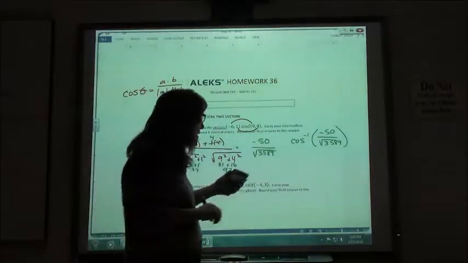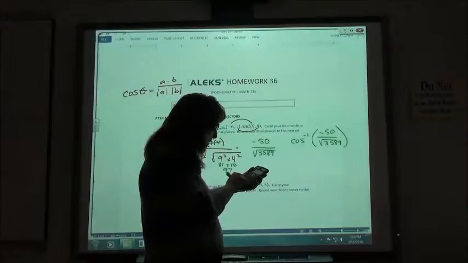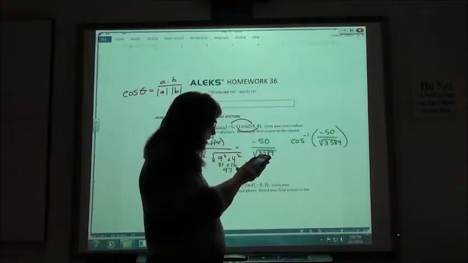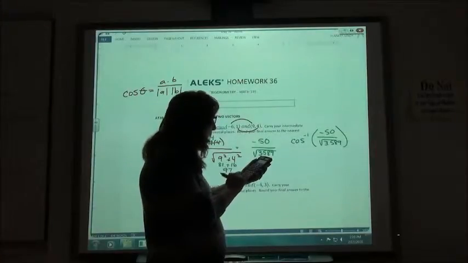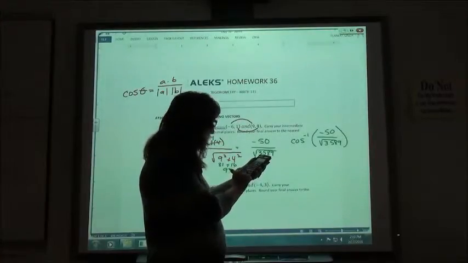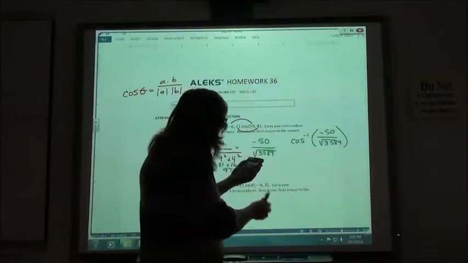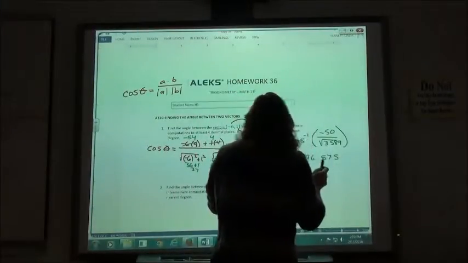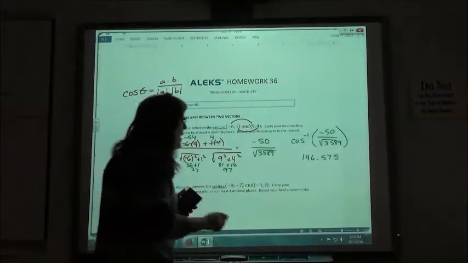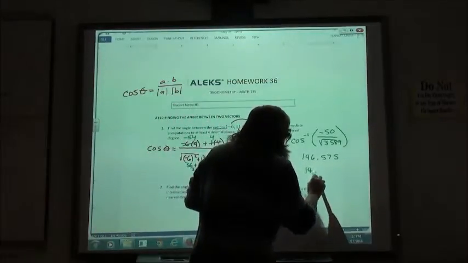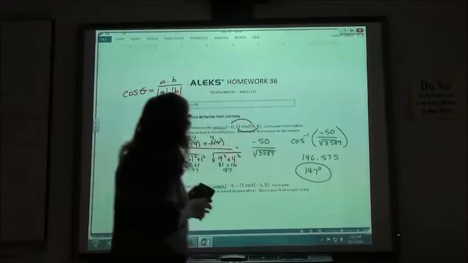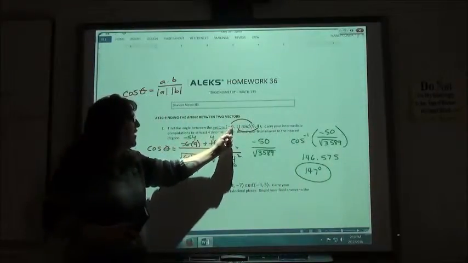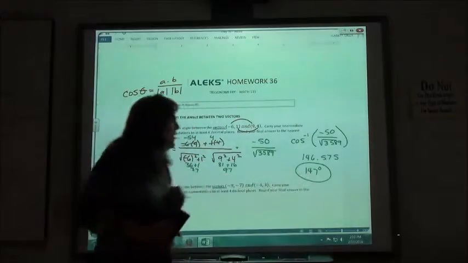So, shift cosine, inverse cosine of, in parentheses, negative 50 divided by the square root of 3,589. Close my parentheses, hit equals. I get 146.575. I'm rounding to the nearest degree, so I would round that off to 147 degrees. So the angle between this vector and this vector would be 147 degrees.